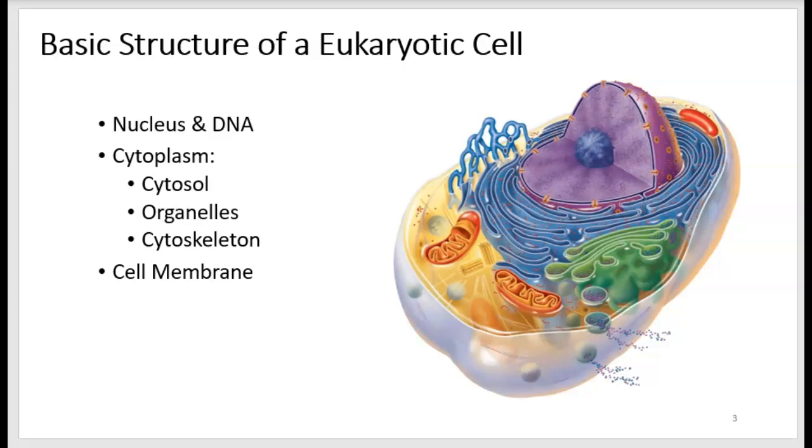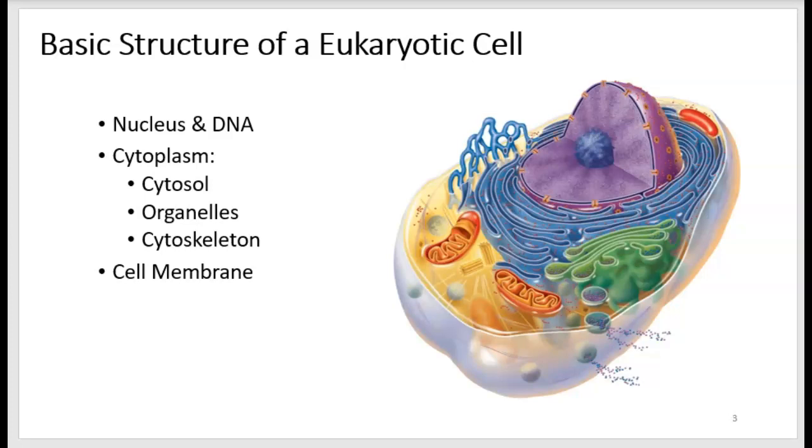These are collectively called the cytoskeleton. And in addition, the boundary of the cell is made up of a phospholipid membrane, and it interacts with the environment in which the cell exists.